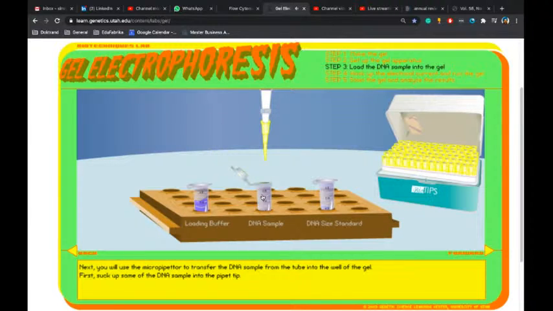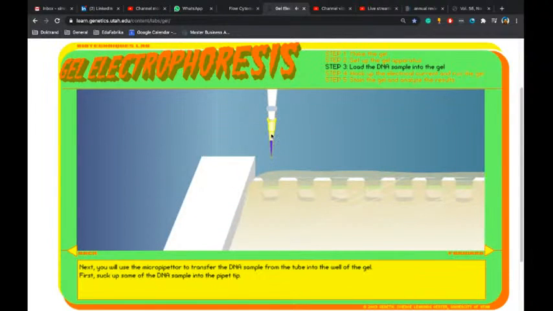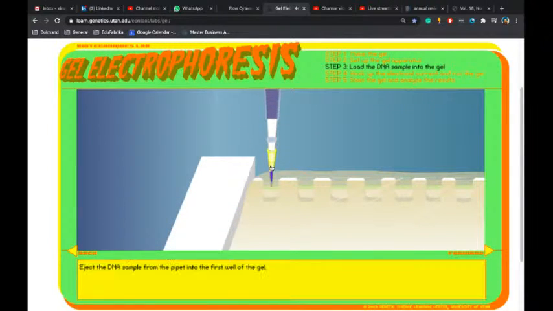So next, use the micropipette to transfer the DNA sample from the tube into the well of the gel. First suck up the DNA sample. So let's take the DNA sample now with the loading buffer, and we pour it into the well.